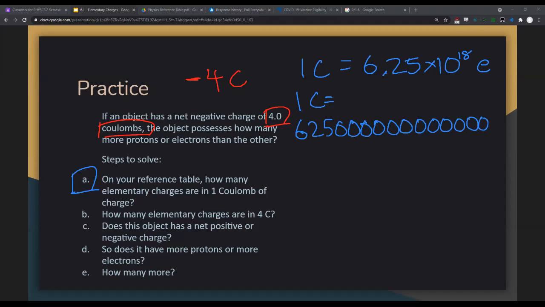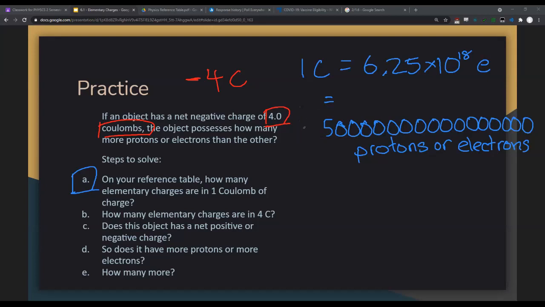What's this, 12? 12, need 4 more. So 1 coulomb of charge has this many protons or electrons, which is not even enough to make up your entire body. That's how many protons or electrons are in 1 coulomb of charge.